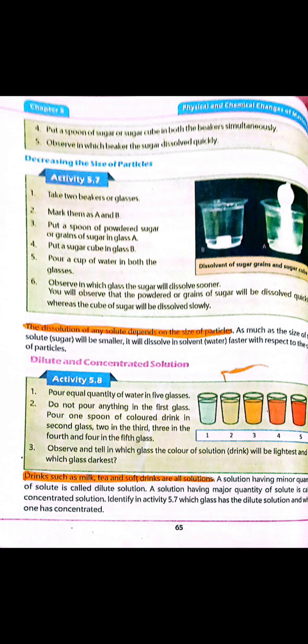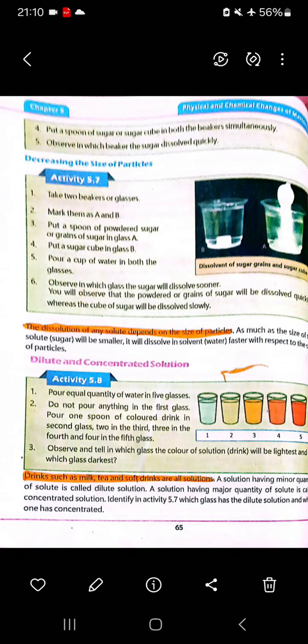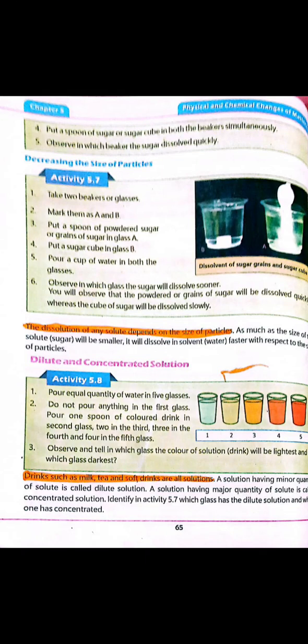For example, you are going to make a solution and take two beakers. In both of the beakers, water is present. The water is solvent. So, in the first beaker, put just 1 spoon of salt, and in the second beaker, put 3 spoons of salt.